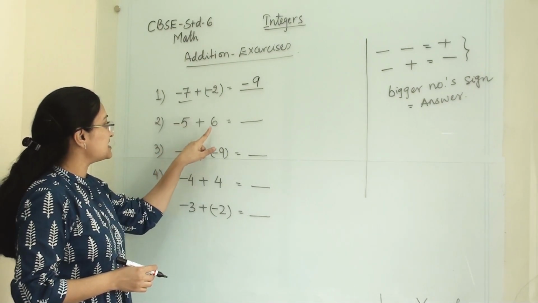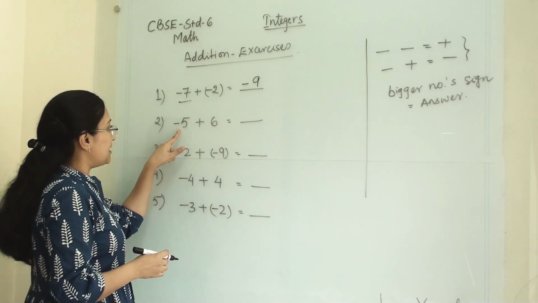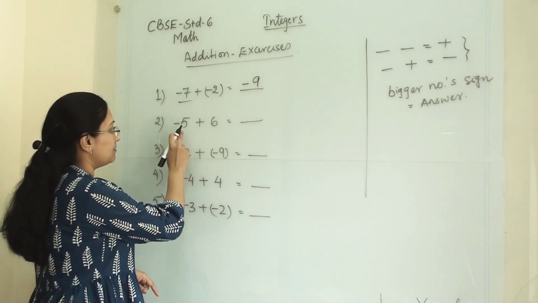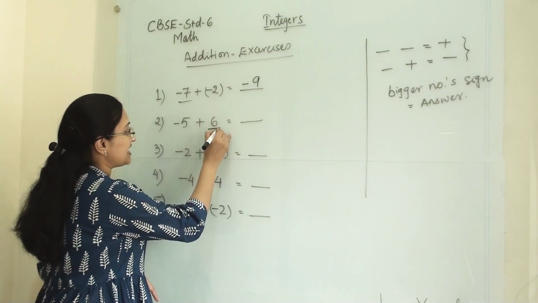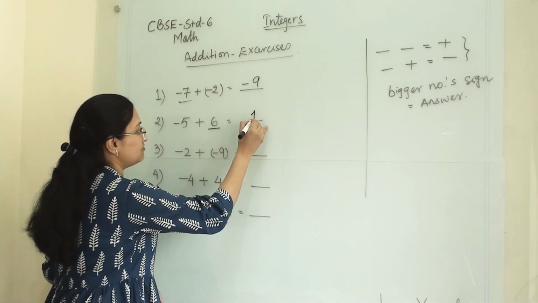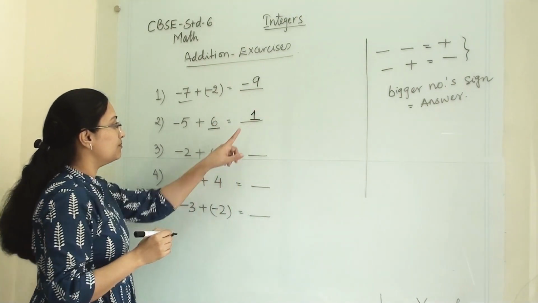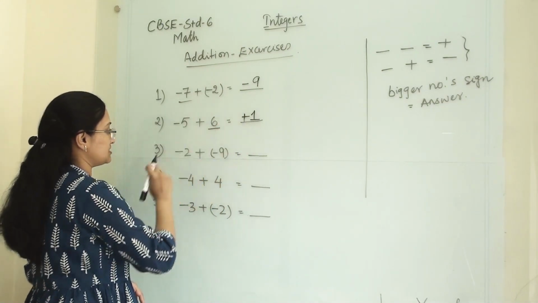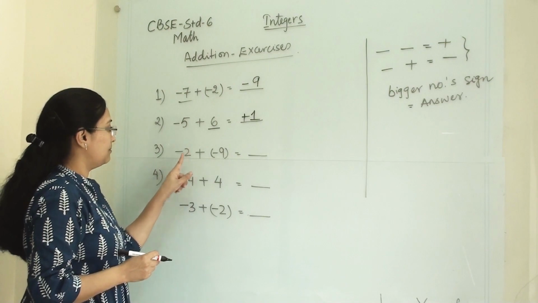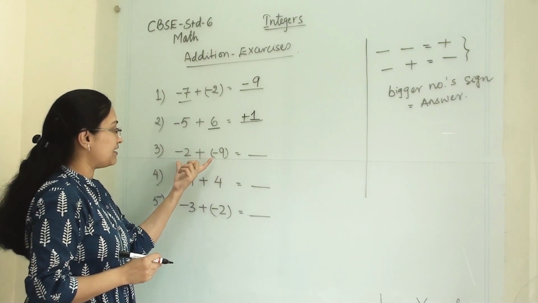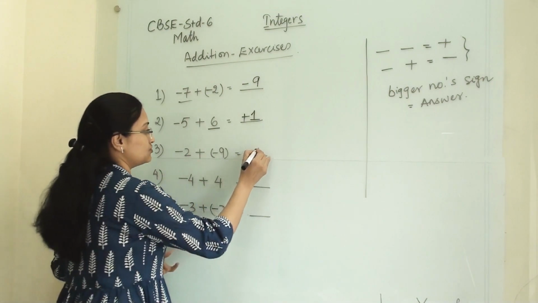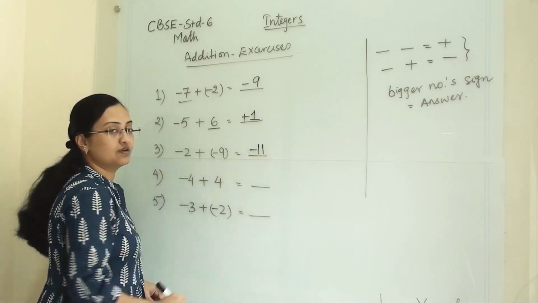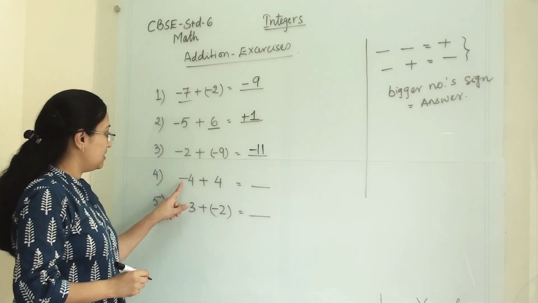Minus 5 plus 6, minus plus, so here we have to do subtraction, but the bigger number is carrying a positive sign, so the answer will carry the bigger number's sign, so it is plus 1. Again minus minus, so we have to add them, so our answer is 11 and the answer will carry the bigger number's sign.